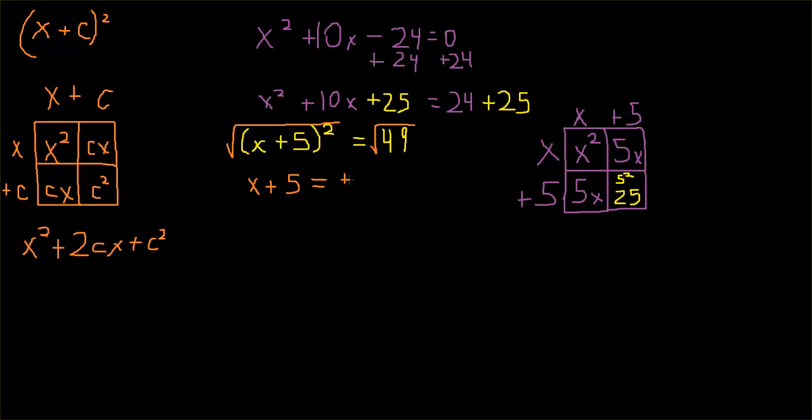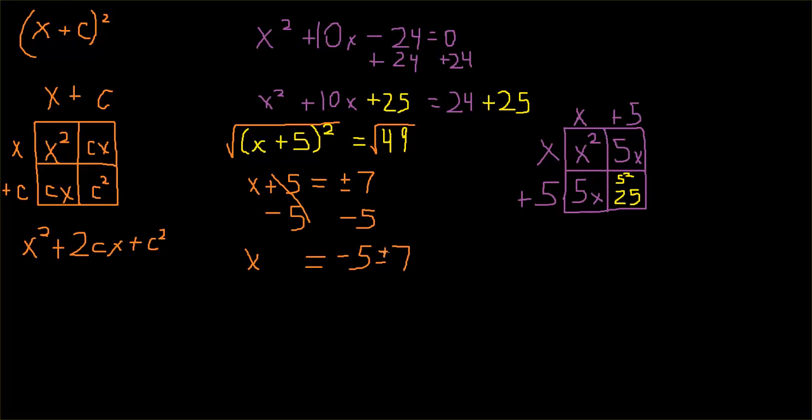In this case, luckily, it's very easy: plus or minus 7. And now we just have to subtract 5 from both sides. So x equals negative 5 plus or minus 7.